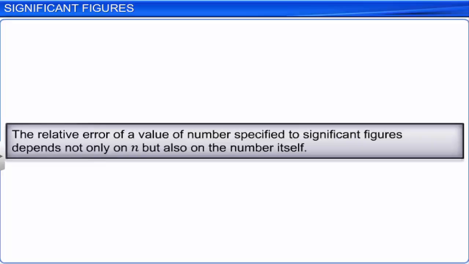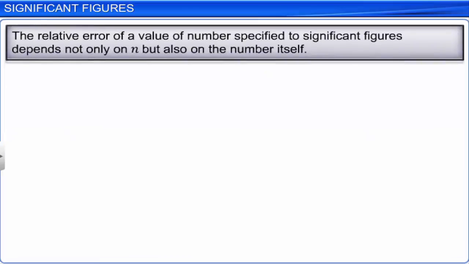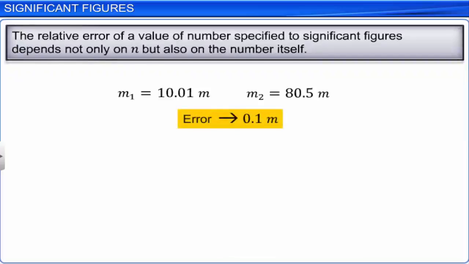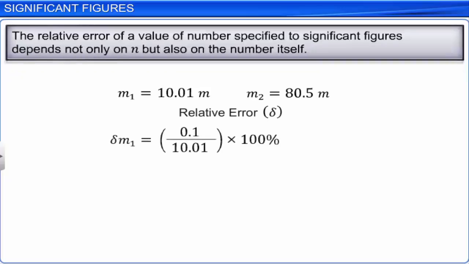If there are two quantities, say 10.01 meters and 80.5 meters, both carrying an error of 0.1 meter, then the relative error in 10.01 meters is plus or minus 1%, while the same for 80.5 meters is 0.12%.